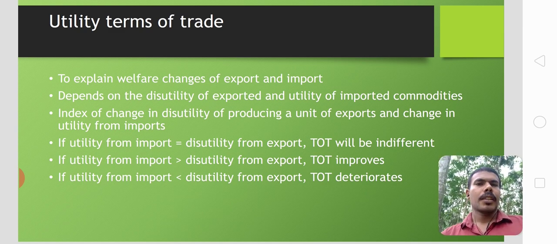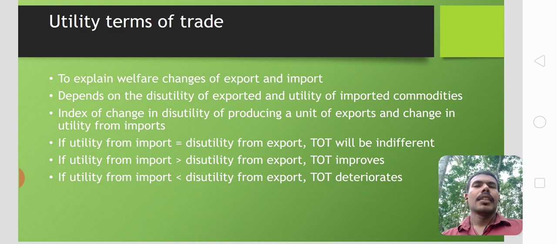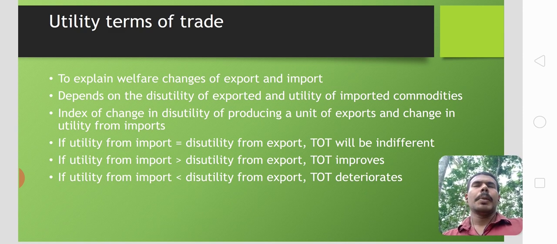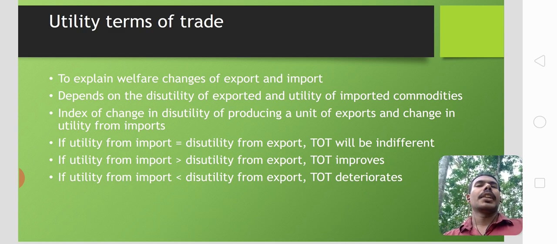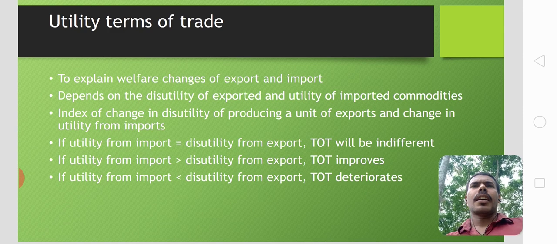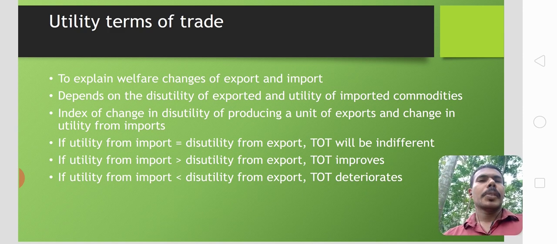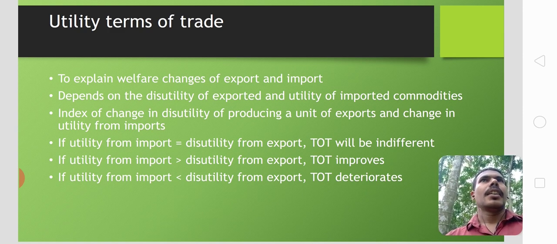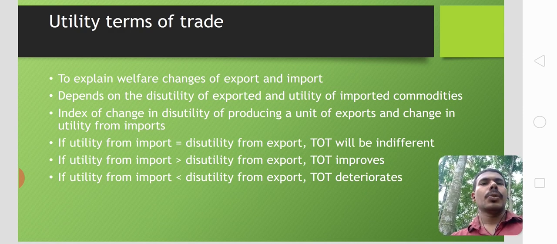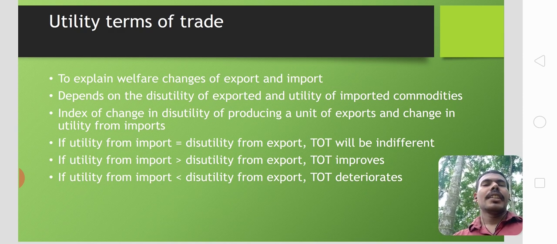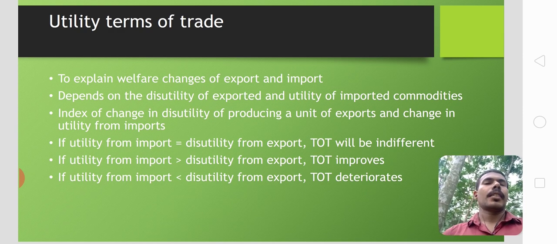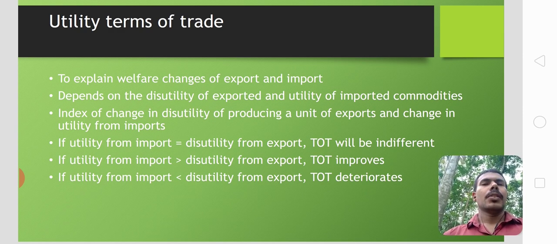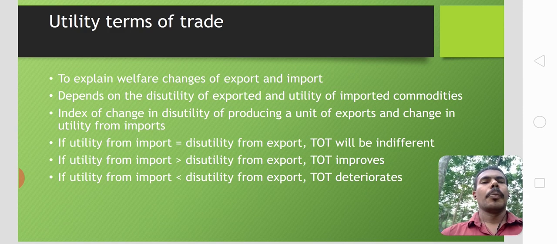Here we need to add the utility that may be measured cardinally or ordinally. However, it is difficult to measure the utility of commodities in either way. Even if it is cardinally measured or ordinally measured, it is very hard to measure utility of a commodity in terms of number or in ordinal form.